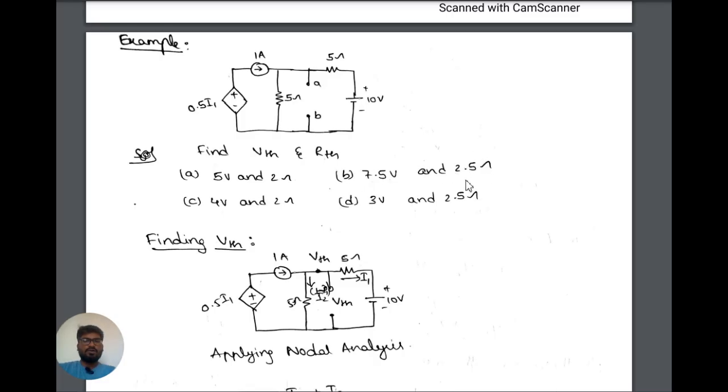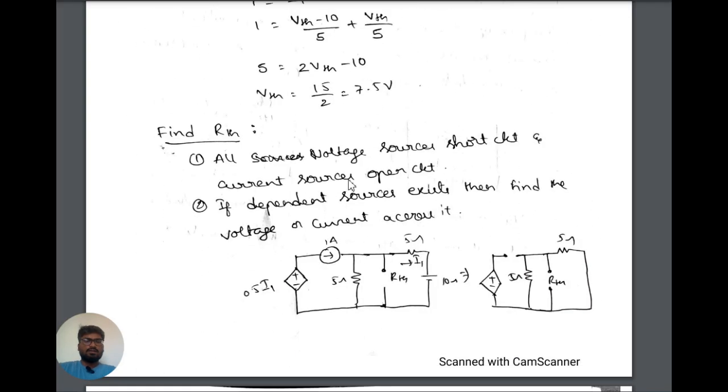Now I will explain how we get RTH. To find the RTH value, this is the circuit. Between this terminal, we need to find the RTH. This can be rewritten with all voltage sources short circuited and current sources open circuited.